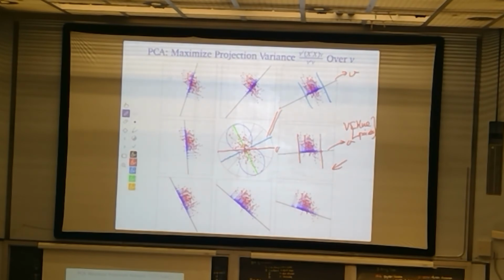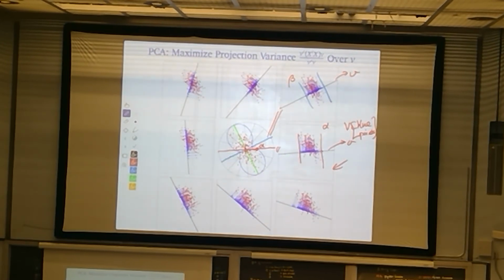For example, if this is my variance, let's call it alpha. Then for this line, this is the alpha. I put the point here because this size is proportional to alpha. Okay? So for this line, I get another value, this is a beta, for example. I calculate the variance, the spread over this projection axis.